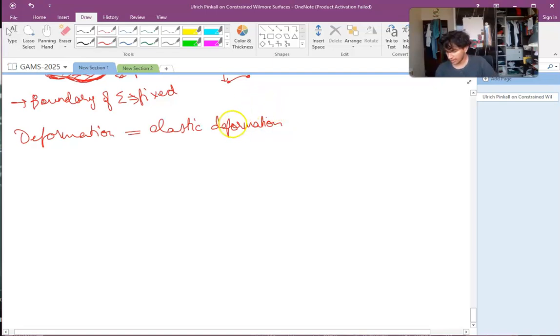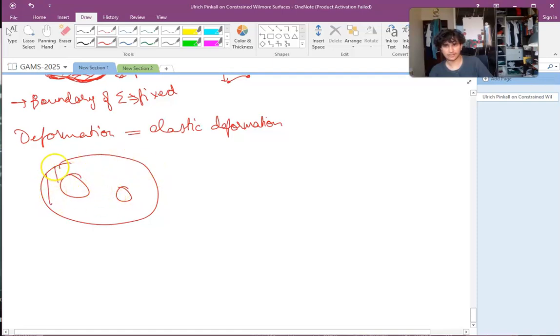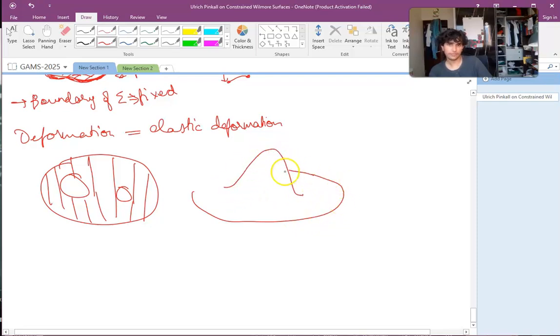Okay, cool. And so an example of this is, say I have a surface that looks like this. It's flat and stuff. Then an elastic deformation is going to look like this. So as you can see, this seems to be angle preserving.